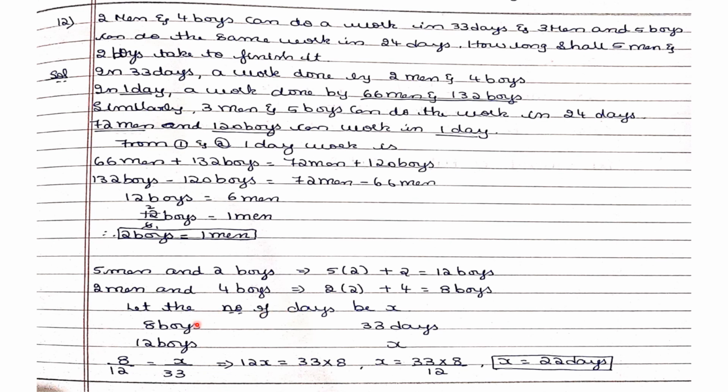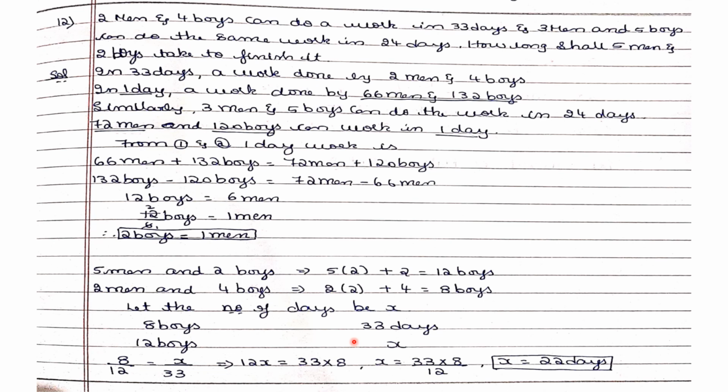If you have 8 boys, you can complete the same work within 33 days, because they have given the information that the work can be completed in 33 days. Once again, if you have 12 boys, now you have to find out within how many days you will complete the work.